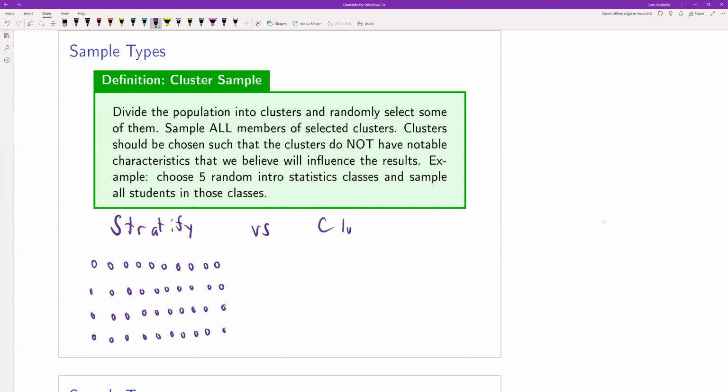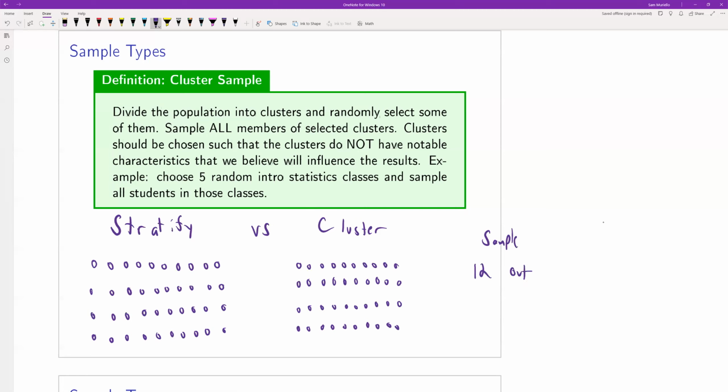And we'll do the exact same thing for cluster. We've got 40 total individuals. And let's suppose that our goal is to sample 12 out of 40.